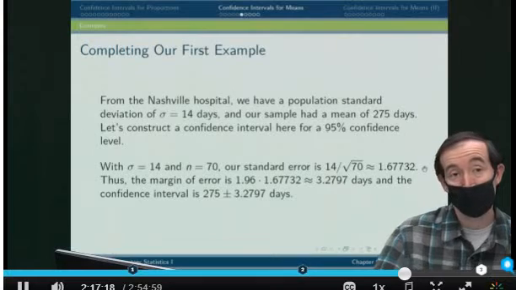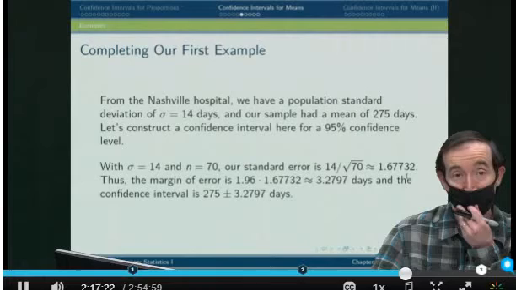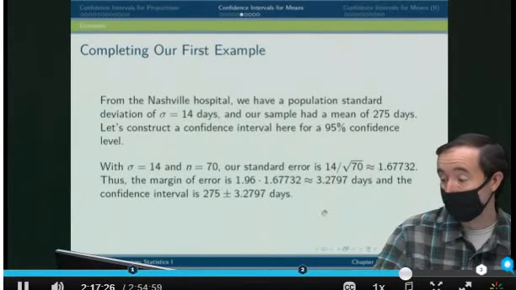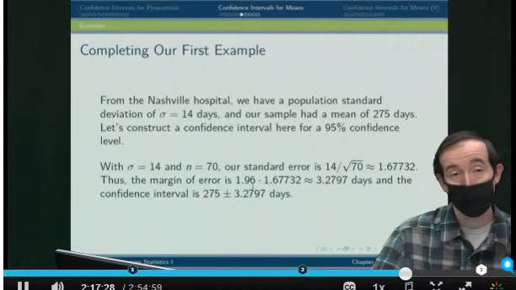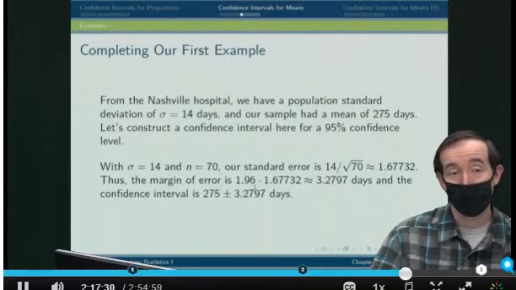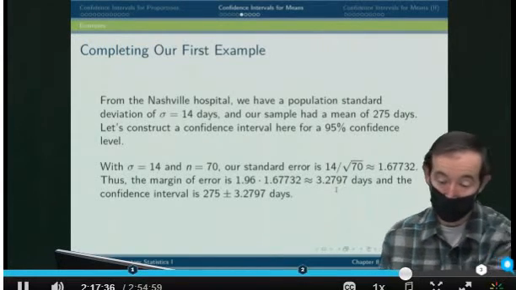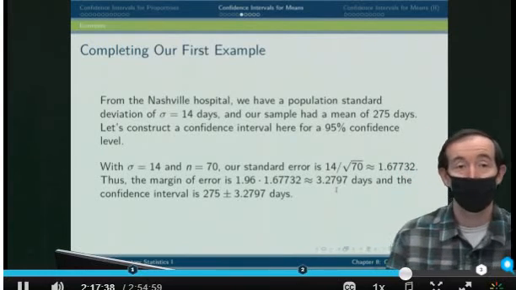You should keep more decimal places than I wrote here when you compute it. Don't round until the very end. Once I take that standard error, I need to multiply it by the critical score, which for 95% confidence is 1.96. That gives me the margin of error of 3.2797, which is exactly what I found when I did it on paper.